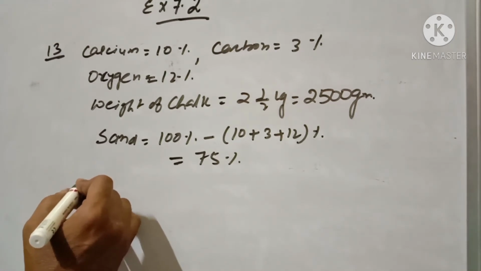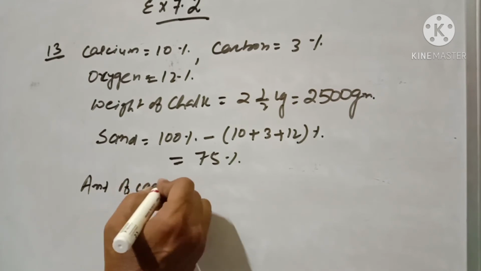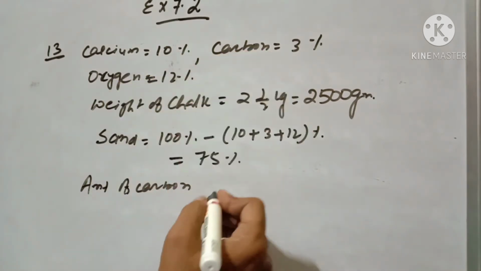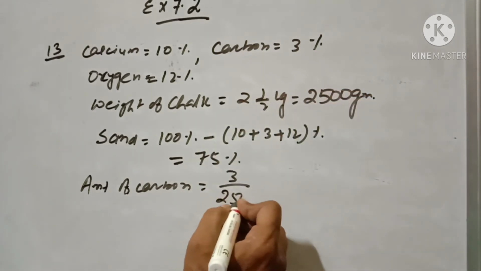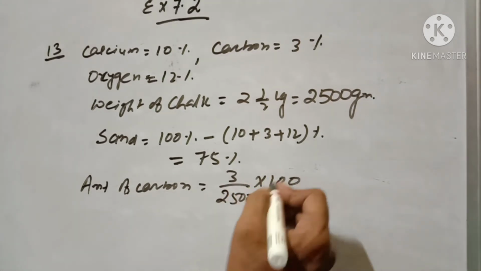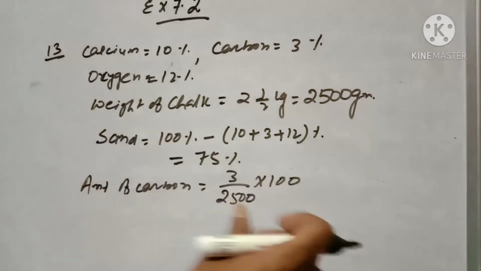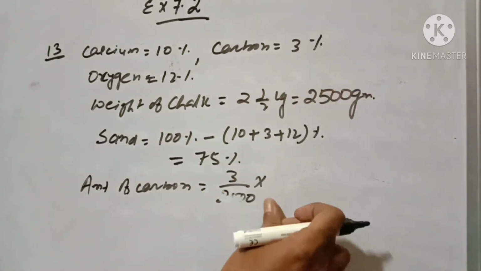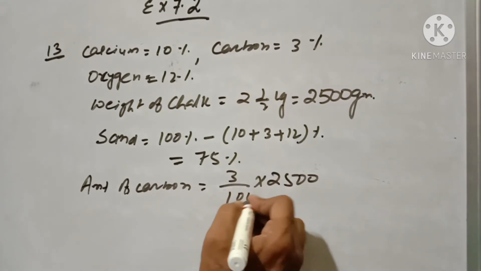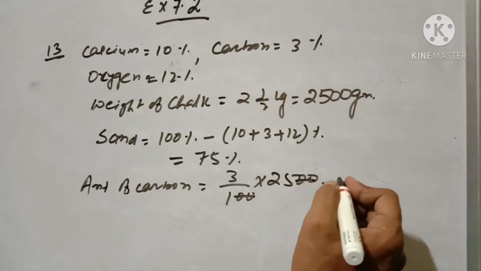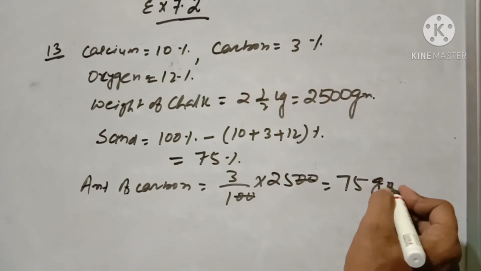Now we have to find out the amount of carbon. Amount of carbon equal to 3% of total, that is what? 3 by 100 into 2500 gram. So 2500 by 100, this 25 gone, 75 gram carbon.